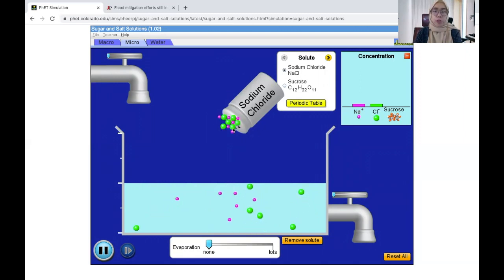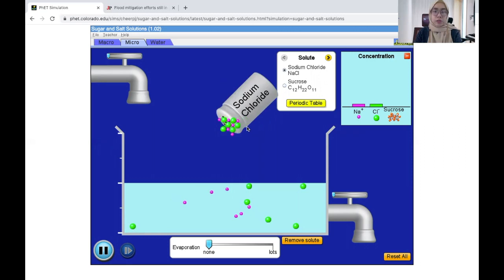So when we put some sodium chloride into the water, the natrium and chloride will be dissolved and spread. So it breaks down into two kinds of ion, positive ion from natrium and negative ion from chloride. So we will have two ions in this solution, natrium or sodium and chloride.